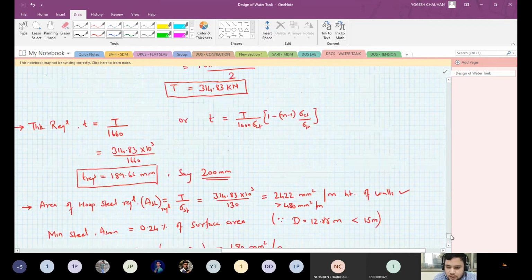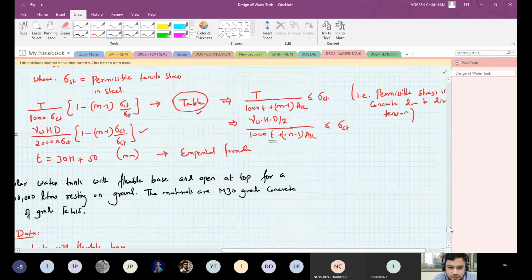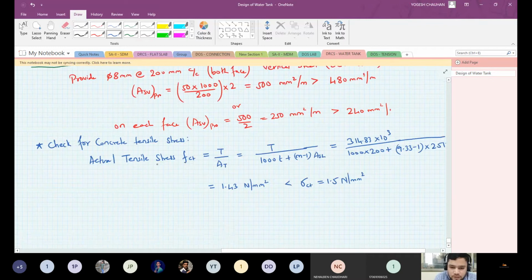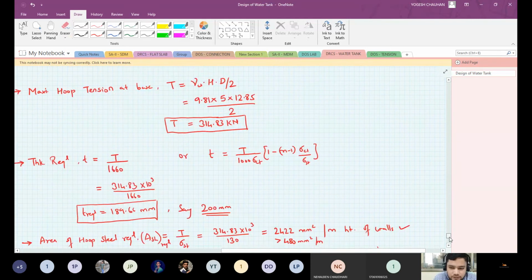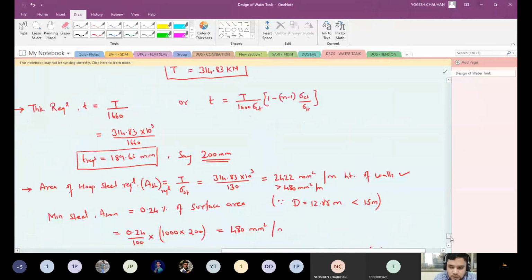When you use the empirical formula for the thickness, that is this formula for arriving at the thickness of the wall, then this check becomes important, because while arriving at that thickness, there is no consideration of the tensile stress or permissible tensile stress in concrete.